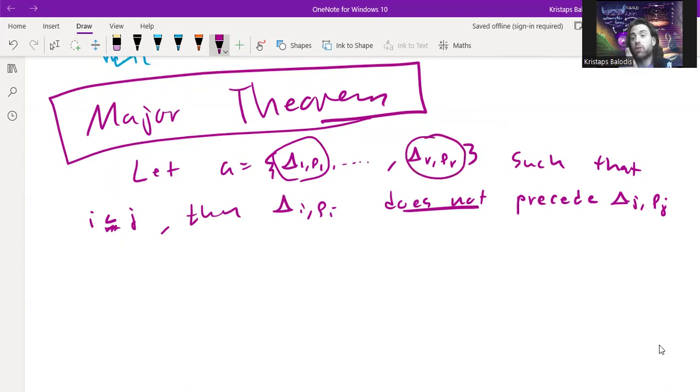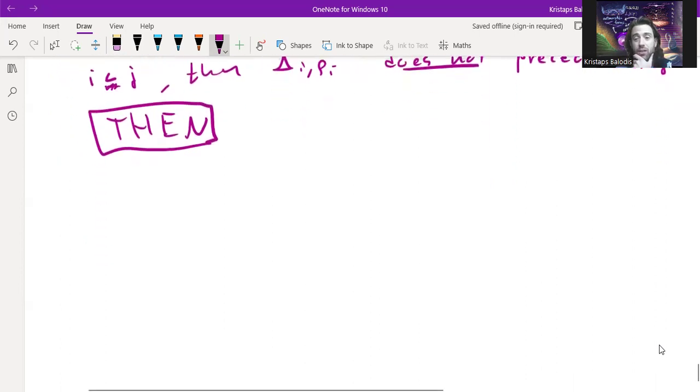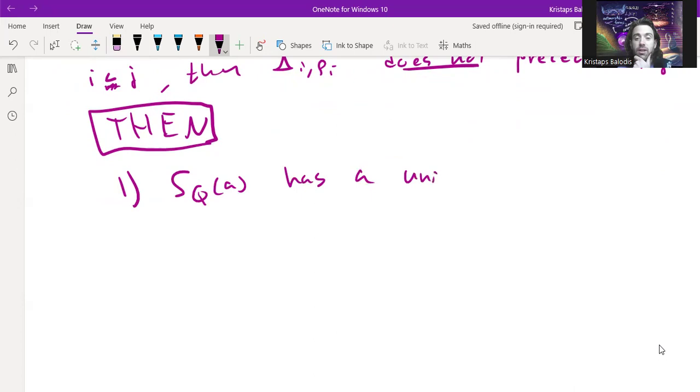Remember, this ordering affects where we place those tensor products in our induced representation. Then, under this condition, which is the whole reason I stated it, and this applies to the version I gave in the last video too, which wasn't quite accurate because there are orderings that are decomposable, SQA has a unique irreducible quotient.